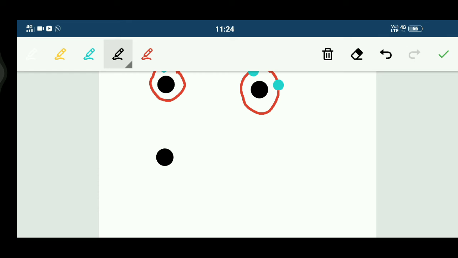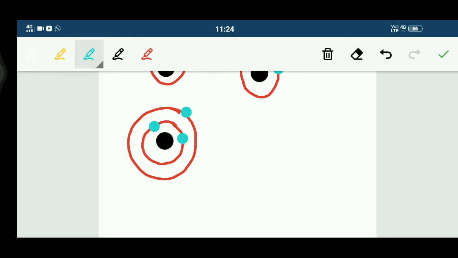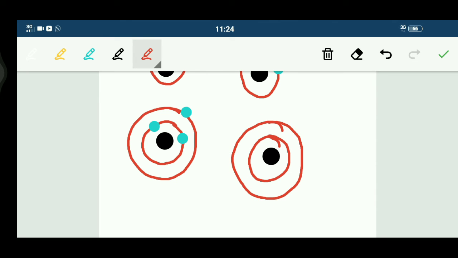Similarly, children, for lithium we have to make 2 shells, as 2 electrons can accommodate in the innermost shell, and then 1 will be left, which will be in the L shell. Then what about beryllium? Beryllium is 4: 2 in the innermost and 2 in the L shell.